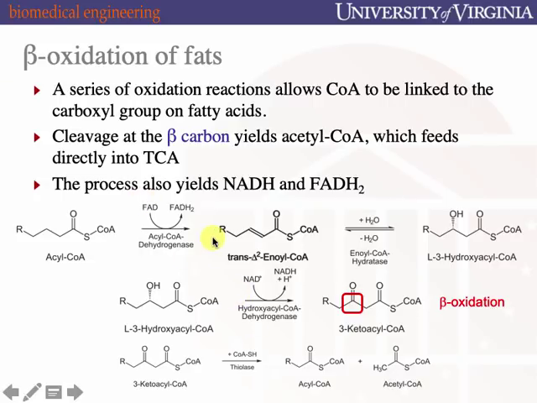There's a dehydrogenation reaction. You're familiar with this coenzyme, the reducing equivalent that's prepared. We have a hydrolysis event, and then another oxidation event to create this double bonded carbon here at the beta position of the fatty acid. So this was the CoA molecule, carboxylic acid, alpha and beta.